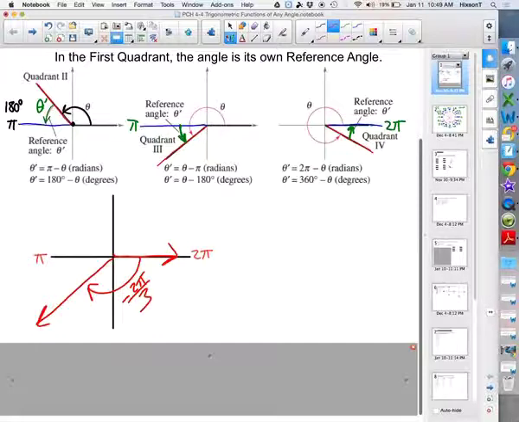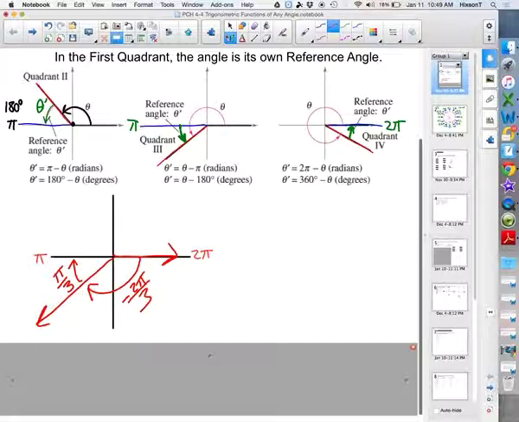It would be pi over 3. If I wanted to get all the way to here, what is that angle? You'd have to have a pi over 3 to get all the way over here to pi. So anytime you are dealing with any negative angles, you would want to look at the reference angle for it. But the reference angle itself will always be positive.